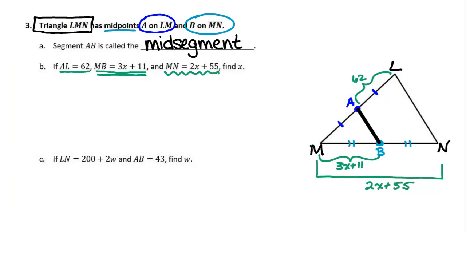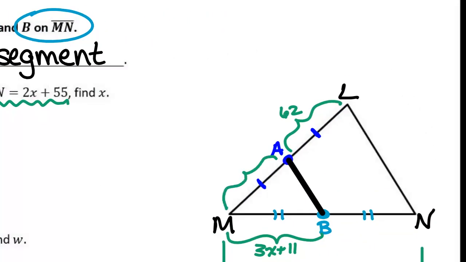We need to find some relationships here so that we can set up and solve an equation to find x. What did we say B was again? Midpoint. What do midpoints do? Cuts it into two equal parts, cuts it in half, right? So what kind of a relationship could we use to set up and solve an equation? Yes? Oh, yes it does. AM is 62 also.